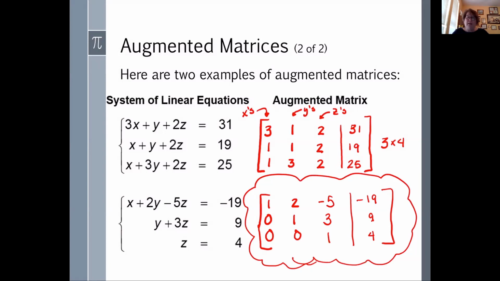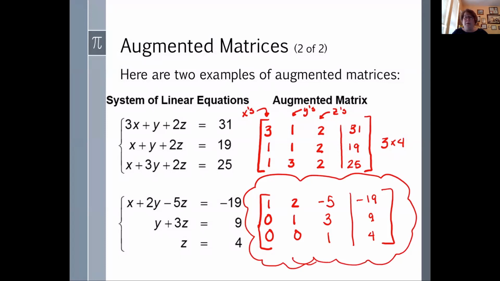So once we know what Z is, we can back substitute into the second equation and find Y. Once we know Y and Z, we can back substitute in the first equation and find X. This is significant. So what we normally do is we start with an augmented matrix like the top one, and we do row operations on our matrix to get it in the form of the second one.